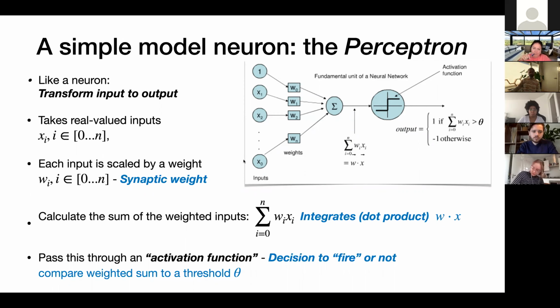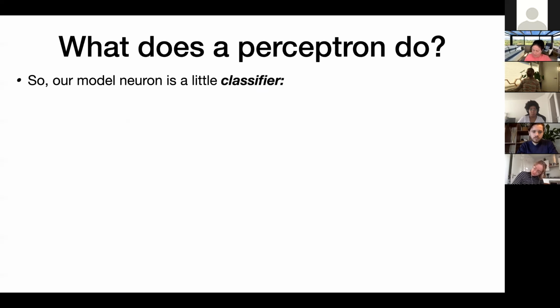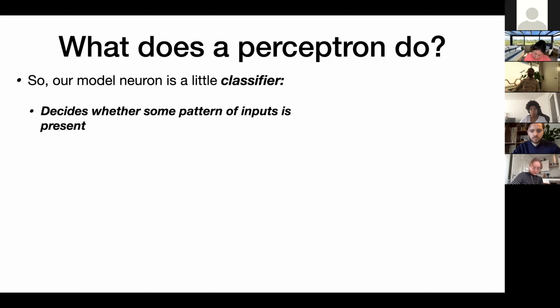And then the question is, what does it do, right? This model neuron is a little classifier, right? If it fires 1 if we're going over a certain threshold, and 0 if we don't, then what this model neuron does, it classifies whether some pattern of inputs is present, right? That's in essence what it does.